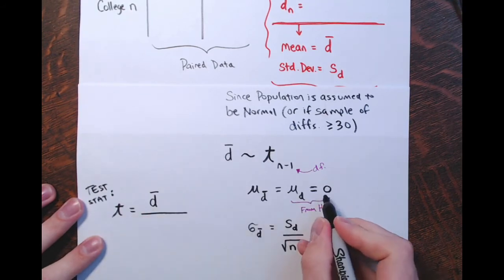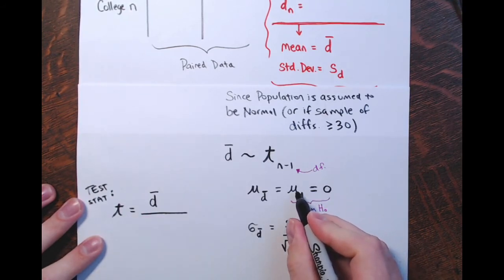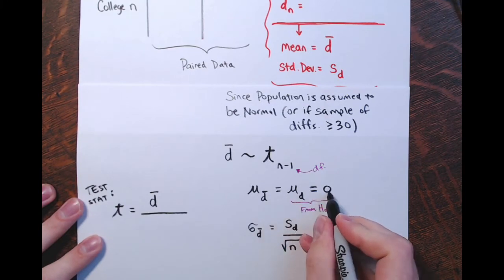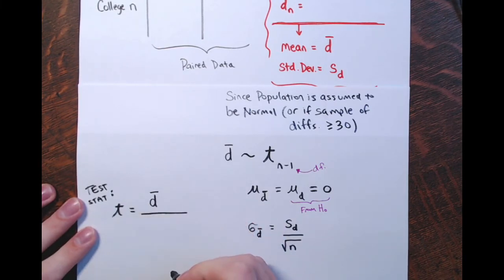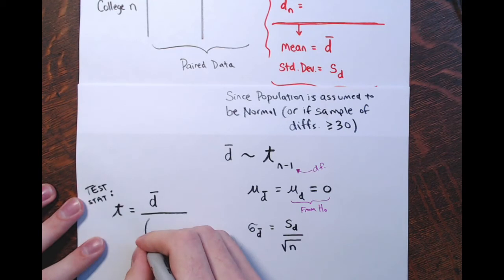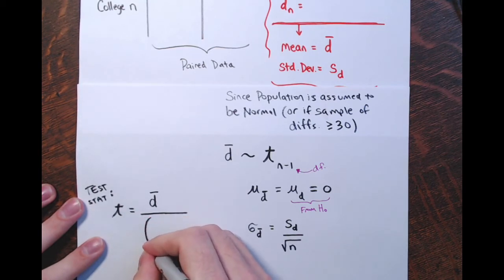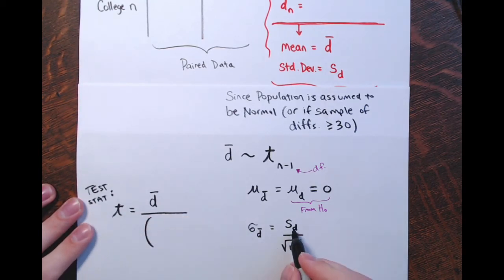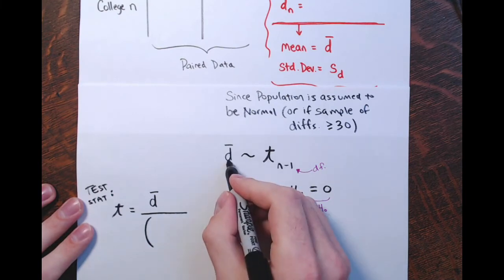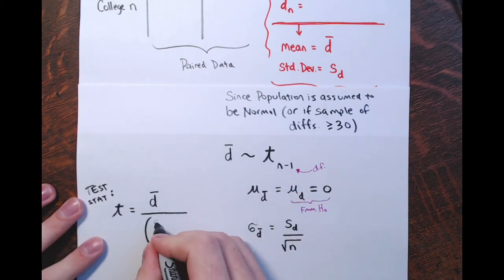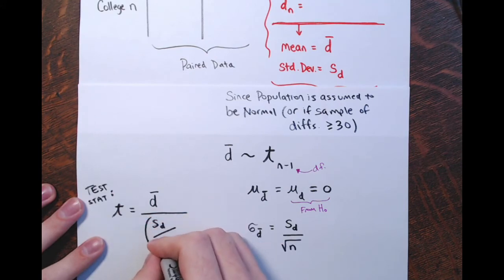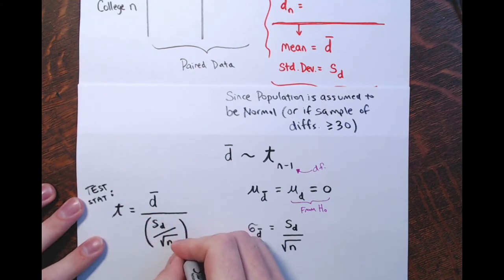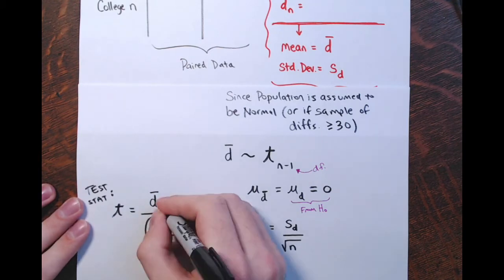But again, mu d, the population mean of the differences, will be assumed to be 0 in the null hypothesis. So you can write minus 0 if you want, but I'll just leave this as d bar in the numerator, divided by the standard deviation of the distribution of the d bars, the sample standard deviation, s d, divided by the square root of n.